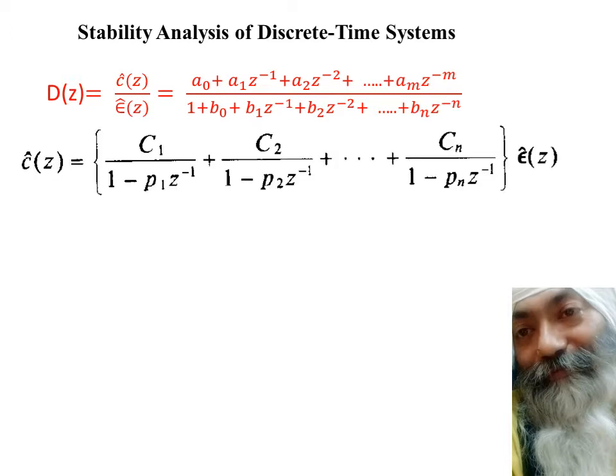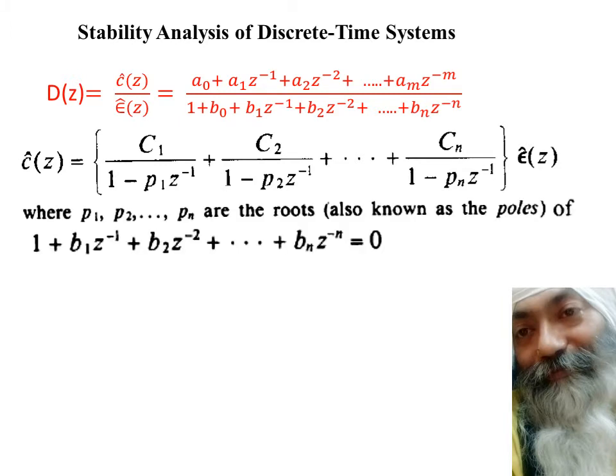Friends, we can always take partial fractions of this transfer function, and we will have these kinds of partial fractions as you can see here, going up to n. So this also is supposed to have n different fractions, with p1, p2, p3 and pn.